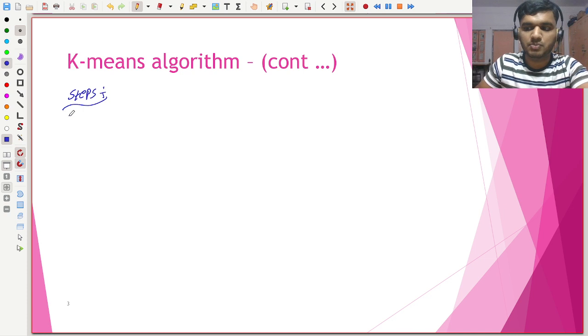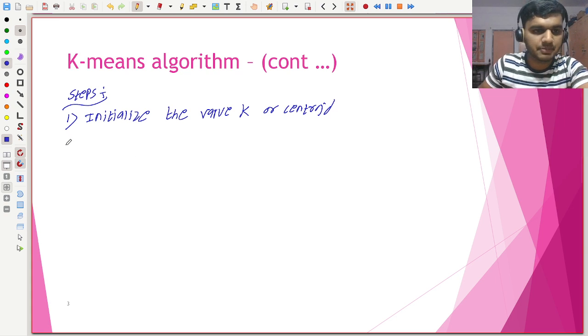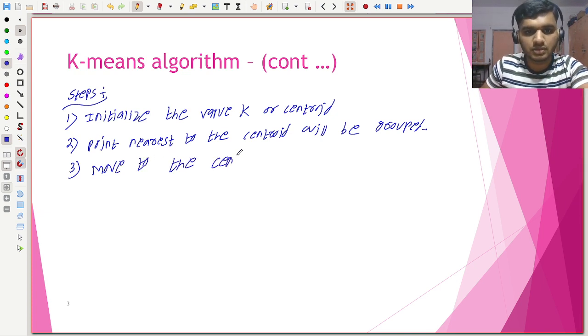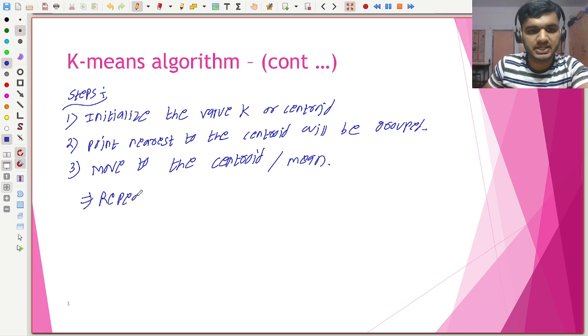The first step is to initialize the value of k, that is, the centroids. The second step is that the points nearest to a centroid will be grouped with it. The third step is to move the centroid to the mean of its group, and repeat this process until you get a stable grouping.